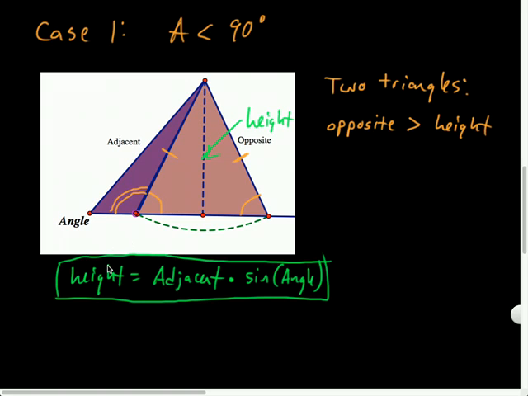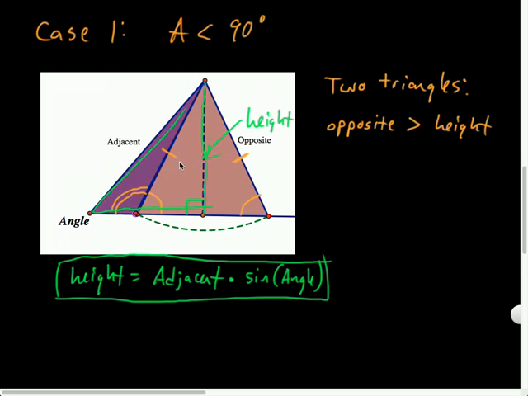So the reason that this is true, if you think about it, you don't have to draw this, but I could view this as a right triangle here. And from my angle's perspective, this is the opposite, and this is the hypotenuse. So I would say sine is equal to little h over the adjacent, and then to get the height, I would just multiply both sides by the adjacent.